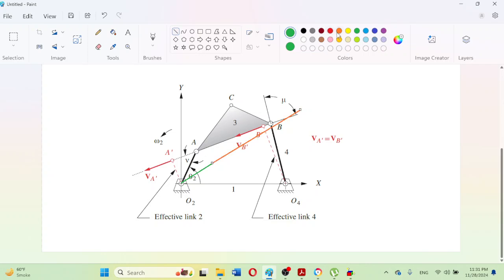For example, I can change it in some other color, for example this color. So this is the extended, means this green color is actually the crank, and this cyan or somewhat blue color is actually the connecting rod or coupler link. So here like this, so this will be the position.